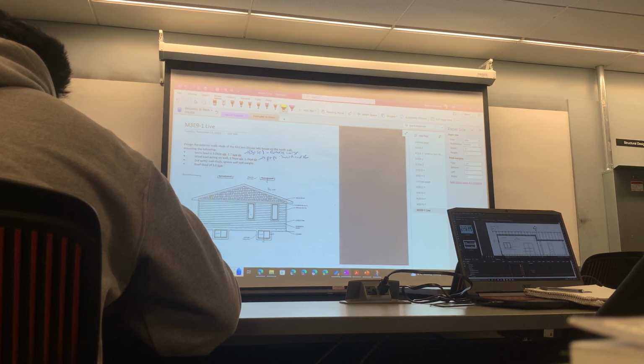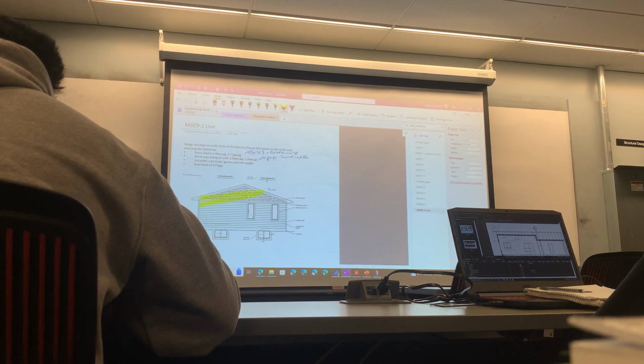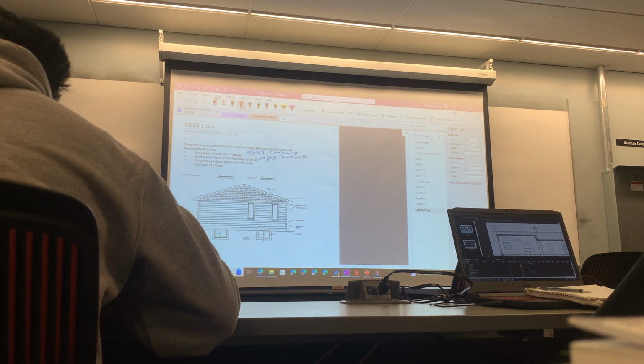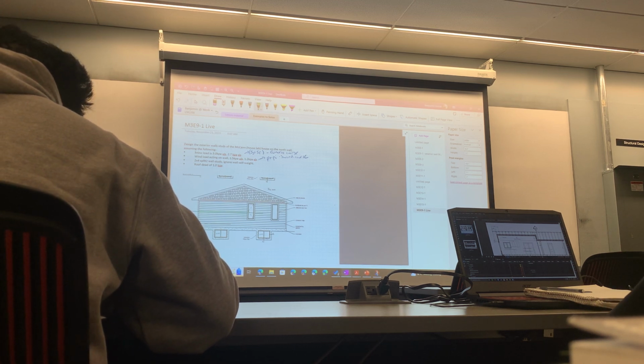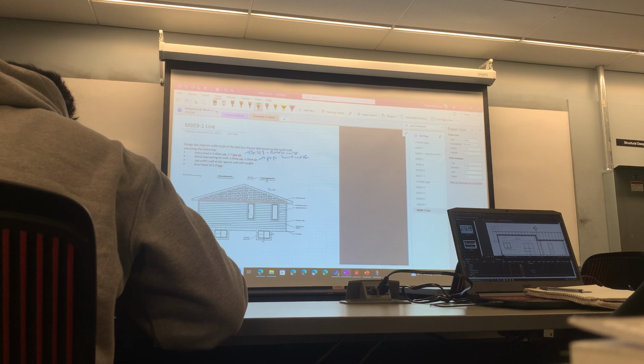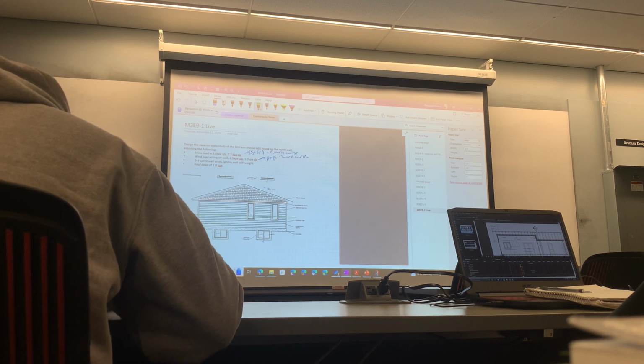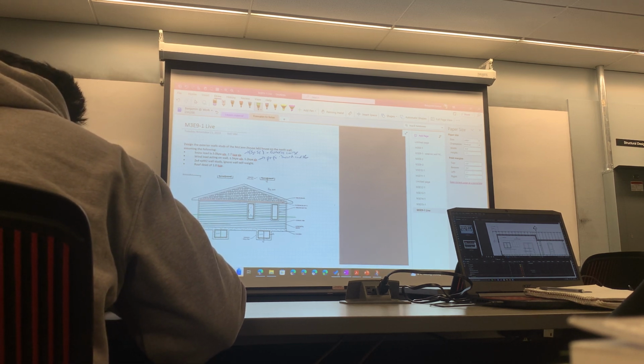Okay, so if the wind is coming here, I don't have to highlight the whole thing. You're basically going to have a beam, and the trib width of that beam, some of it's going to go into the floor, and the roof is all going to go into here.